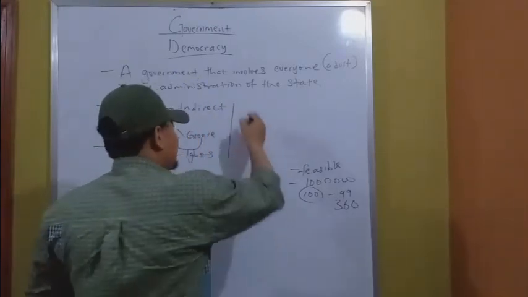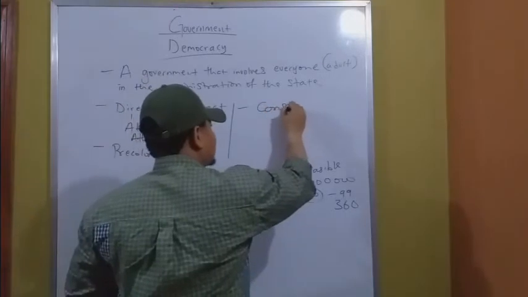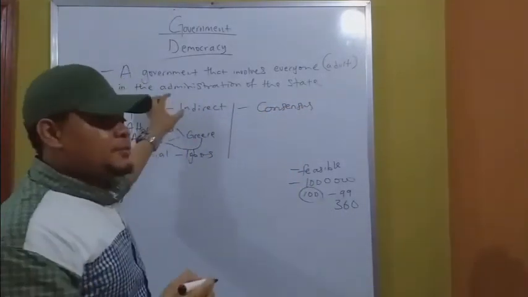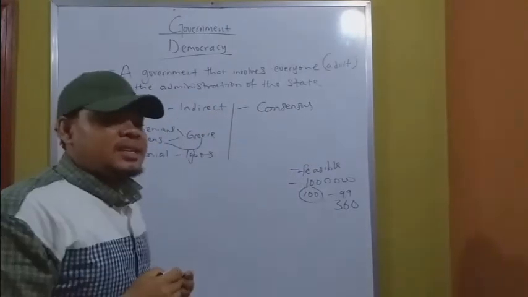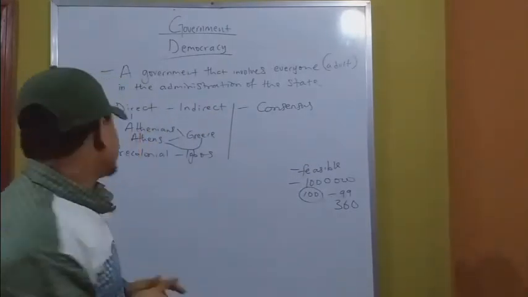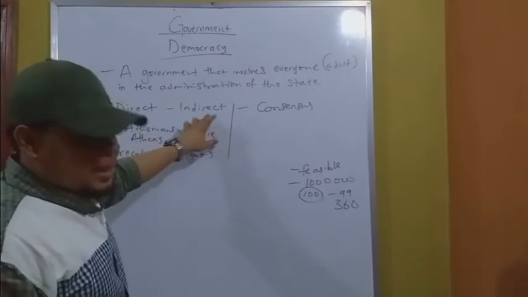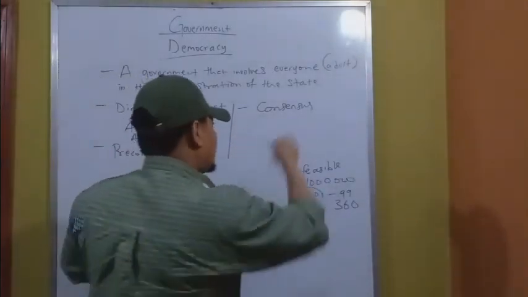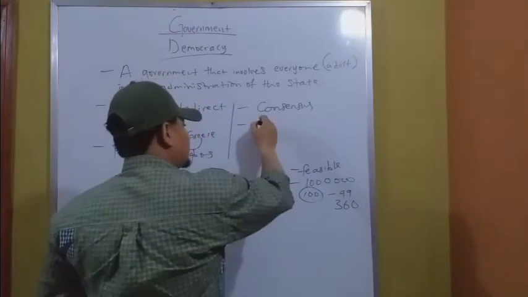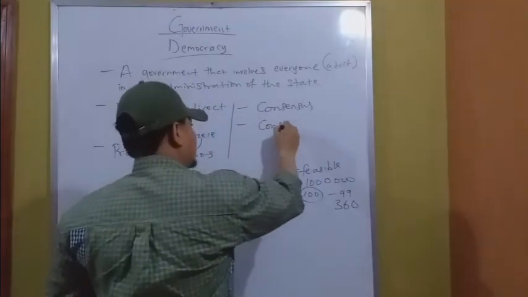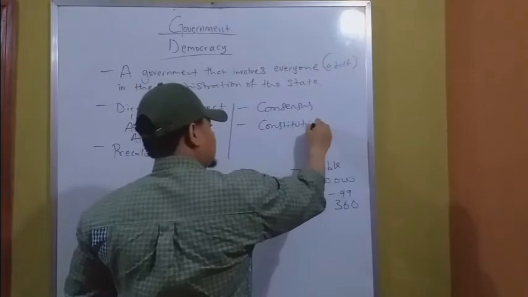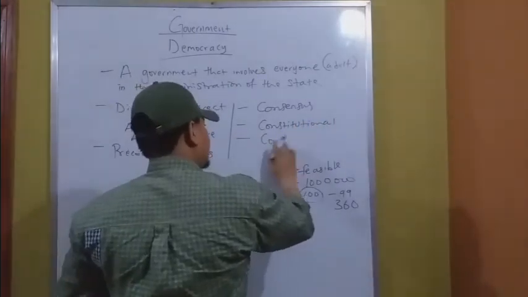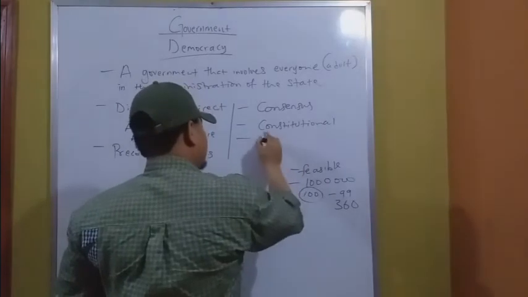The 2 major types of democracy are what we call direct and what? Indirect. But there are other ways of classifying democracy. One is what? Consensus. The other is constitutional. And the third is deliberative.